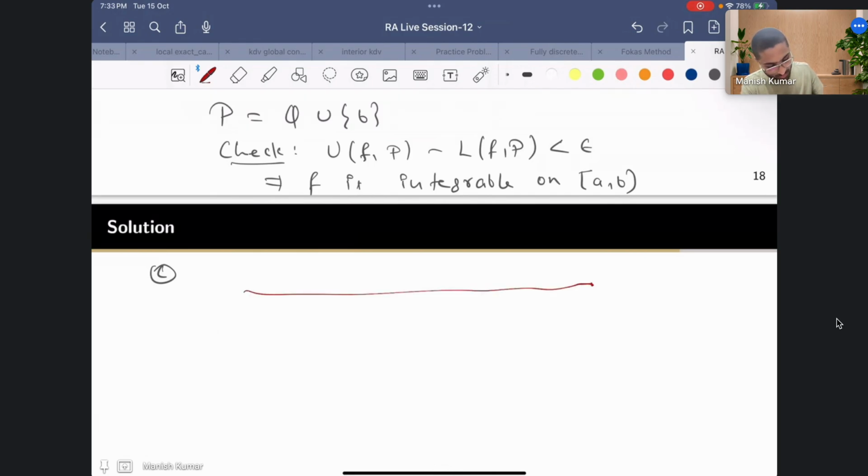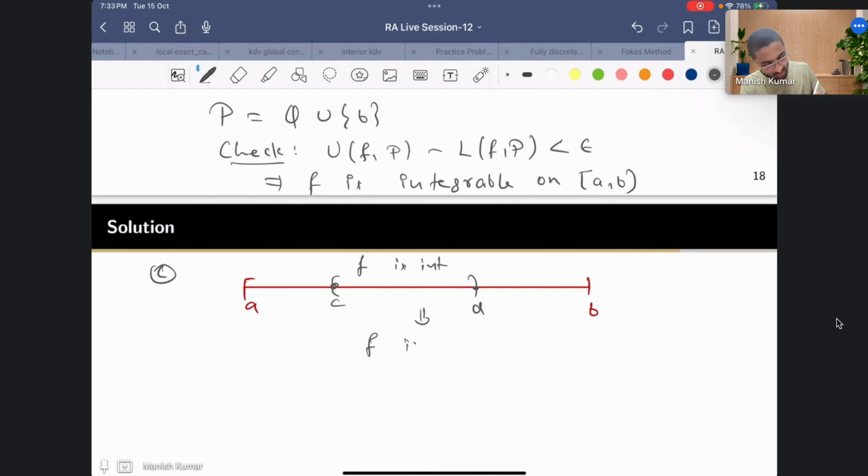C is telling you that if you choose any c, d in between a, b, then f is integrable there. Now from here you have to conclude f is integrable on [a, b]. So can you suggest some idea how to do this?